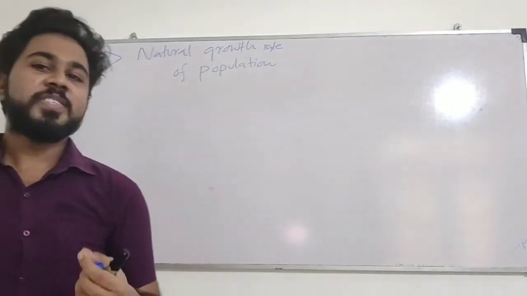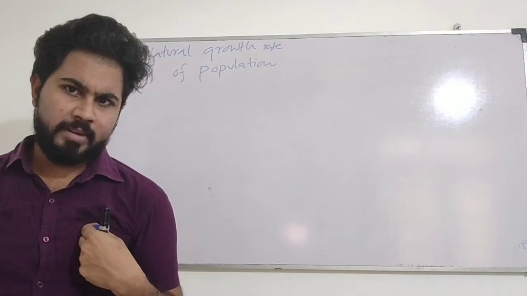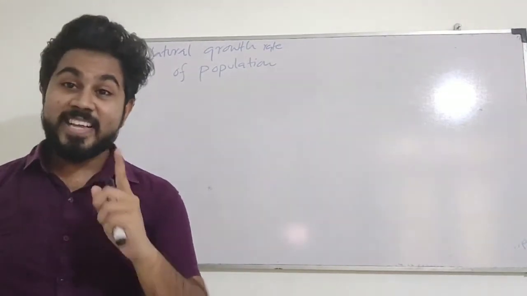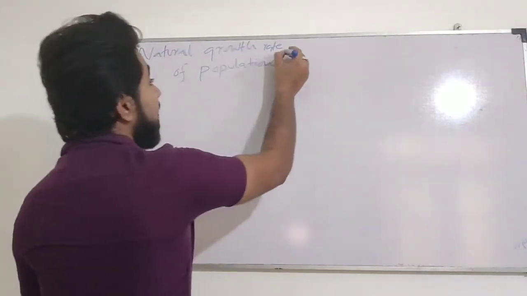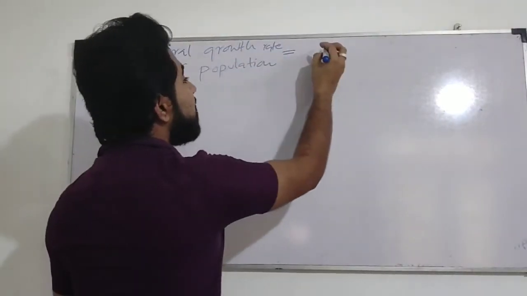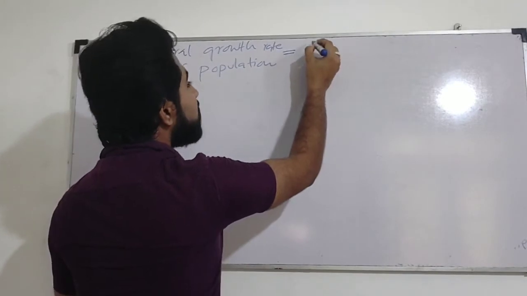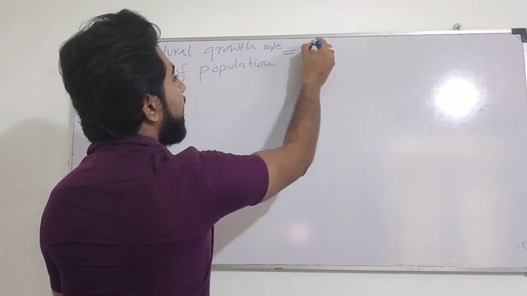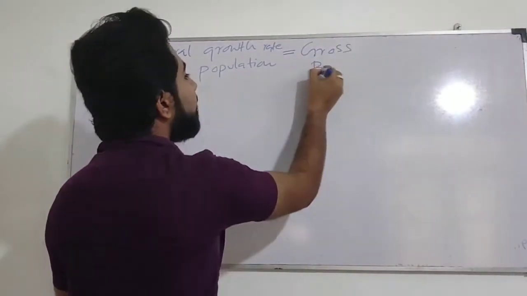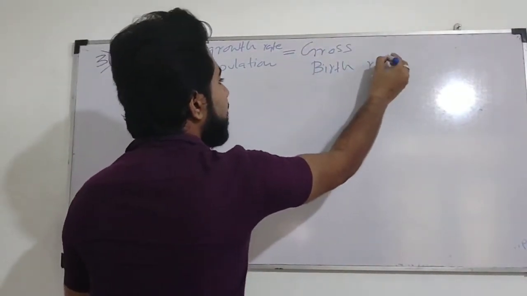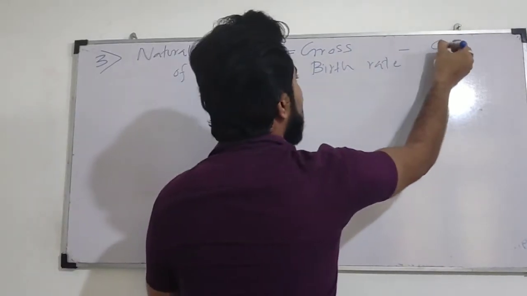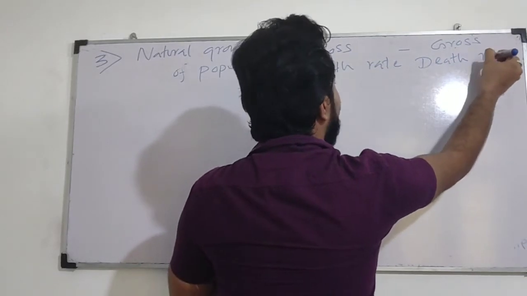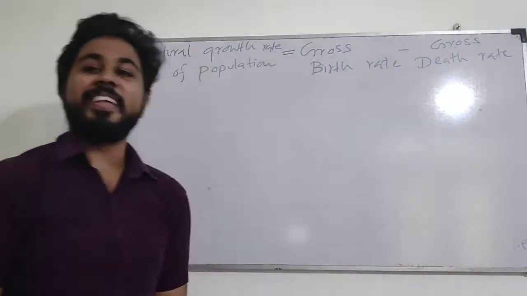My dear student, how can we calculate this natural growth rate of population? Ladies and gentlemen, please keep in mind, the natural growth rate of population is equal to the difference between the last 2 ratios. That means gross birth rate minus gross death rate.